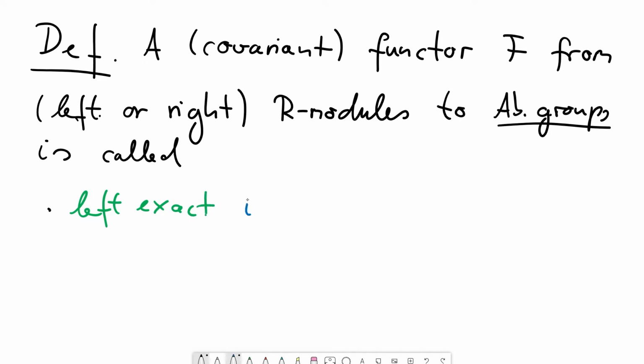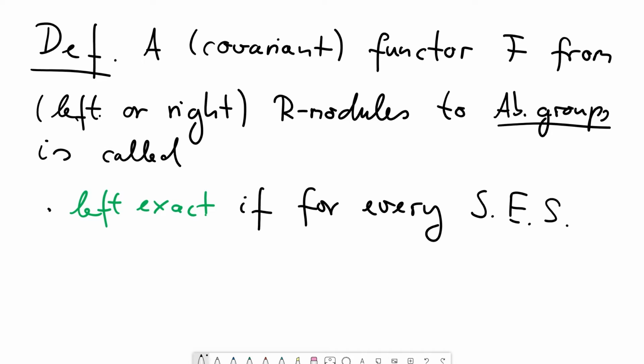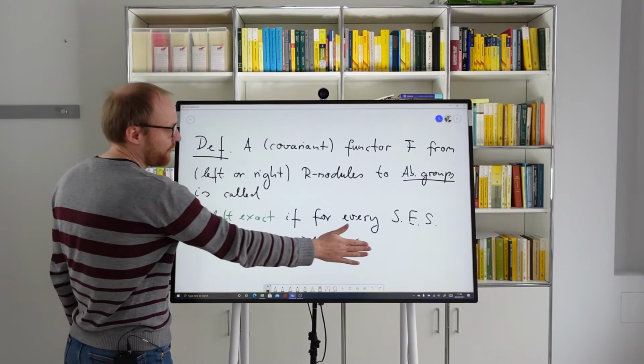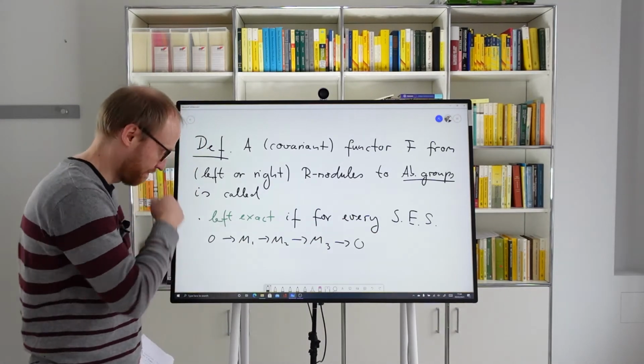if for every short exact sequence of R modules, so for every short exact sequence of left or right R modules, call it 0, M1, M2, M3, and to 0. If I apply now the functor to this short exact sequence, then I only require that the portion of the first four objects here be exact.